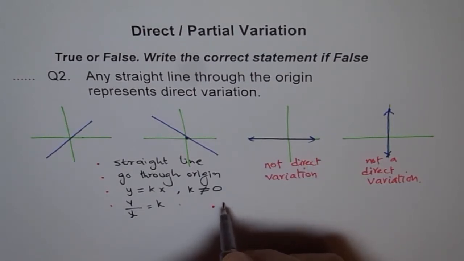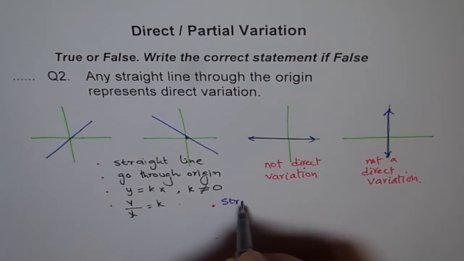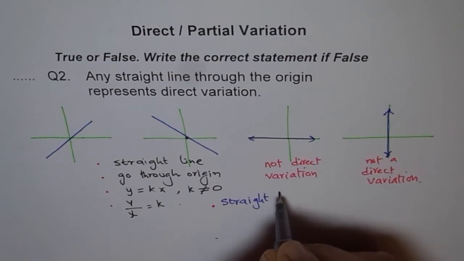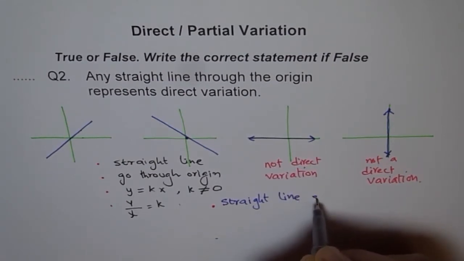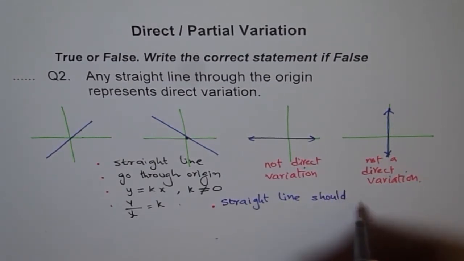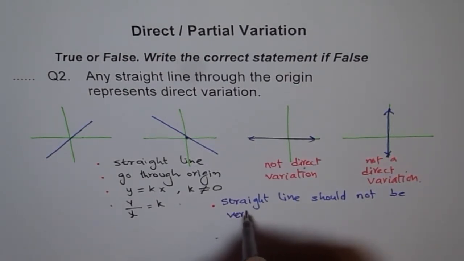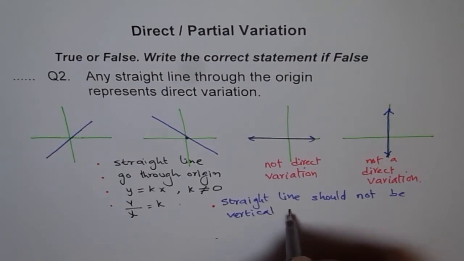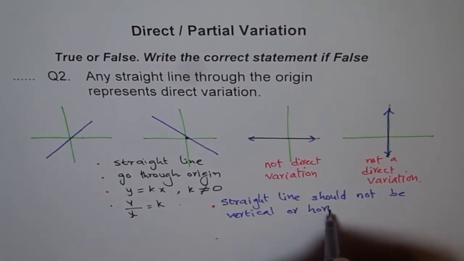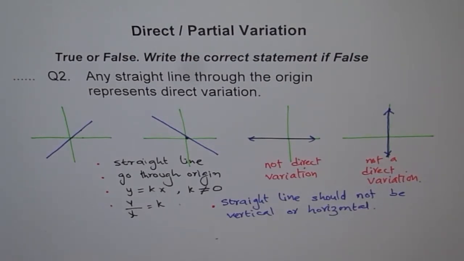So we say straight line should not be vertical or horizontal. That is a very important condition for us. Correct? Straight line should not be vertical or horizontal.